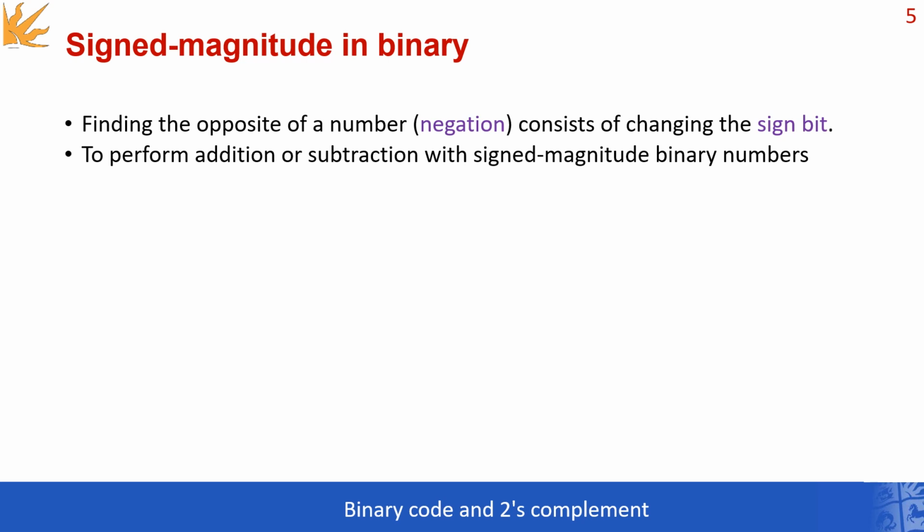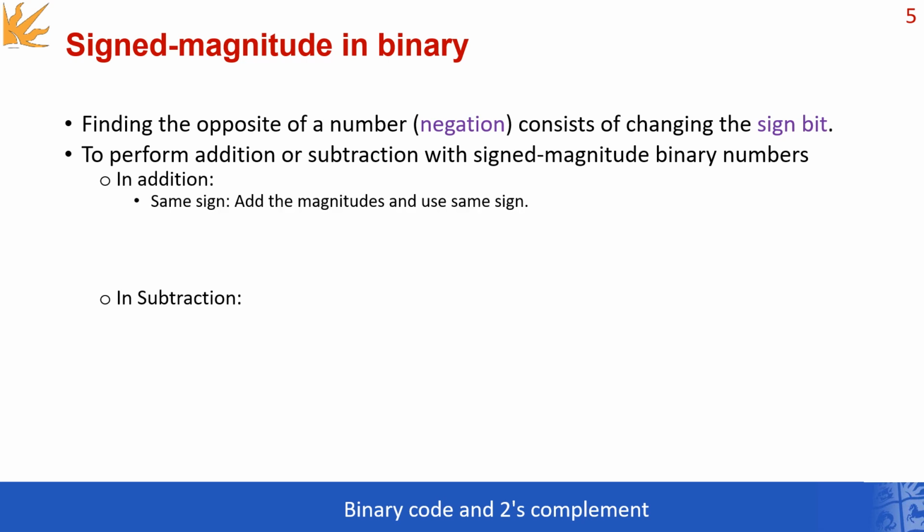This is very simple. Now, in order to perform an addition or a subtraction with signed magnitude binary numbers, things are easy. If you're dealing with two numbers that have the same sign, you just add the magnitudes and then use the same sign, regardless of positive or negative. Now, there is a little bit more work to do if you're dealing with numbers with an opposite sign.